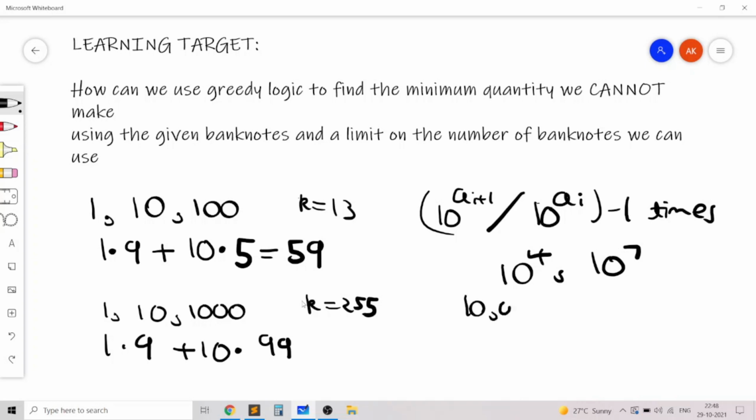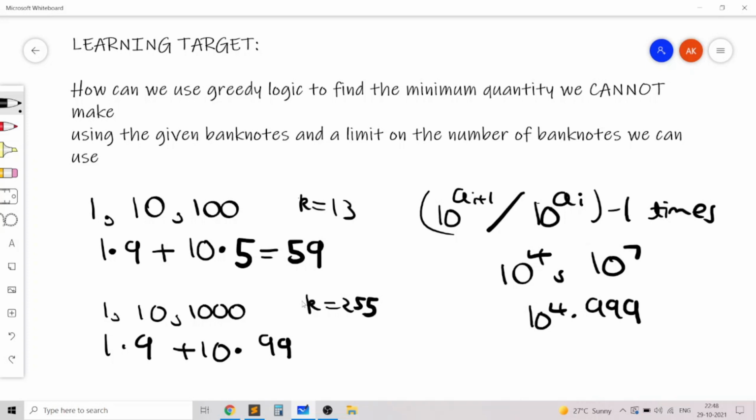Then 10 to the power of 4 is 10,000, and we can use 10,000 only 999 times. That's because 10 to the power of 7 divided by 10 to the power of 4 gives us 1000, and 1000 minus 1 is 999. The 1000th time will give us the next banknote, and I'll make this more formal a bit later.